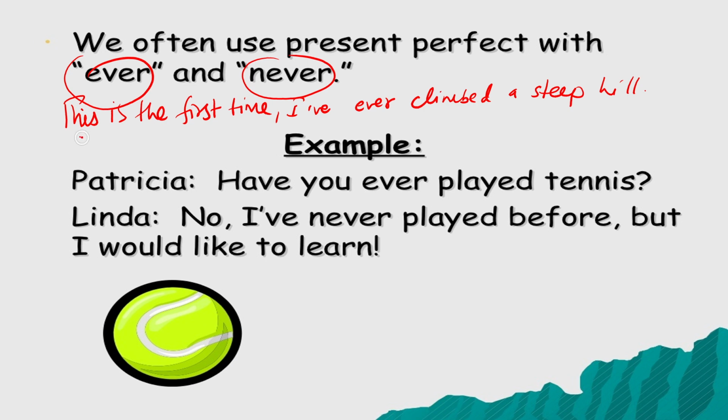Regarding never, we have already discussed. Here we have an example. Patricia says, "Have you ever played tennis?" Linda says, "No, I have never played tennis before, but I would like to learn."